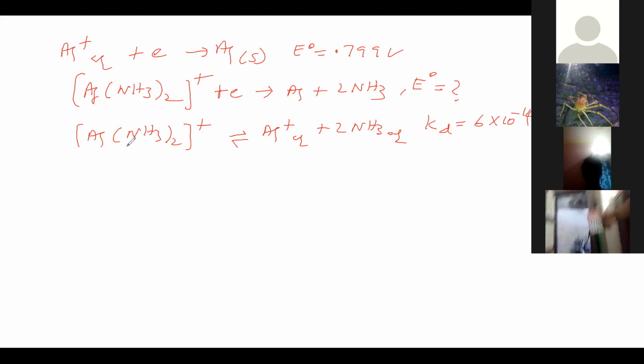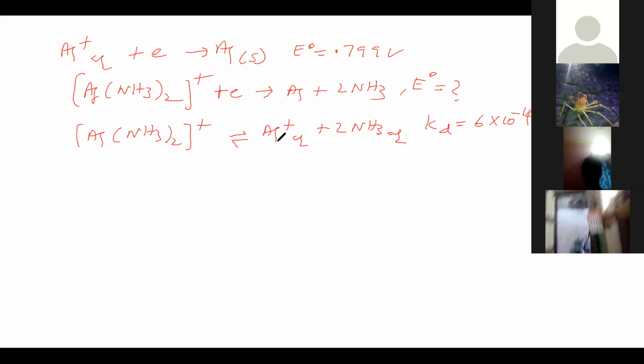Now you see that here the complex is there, here also the complex is there. This complex on dissociation gives ammonia, this complex on electrode reaction gives ammonia. This complex on dissociation gives Ag plus, this complex on electrode reaction gives Ag. So the difference is there.